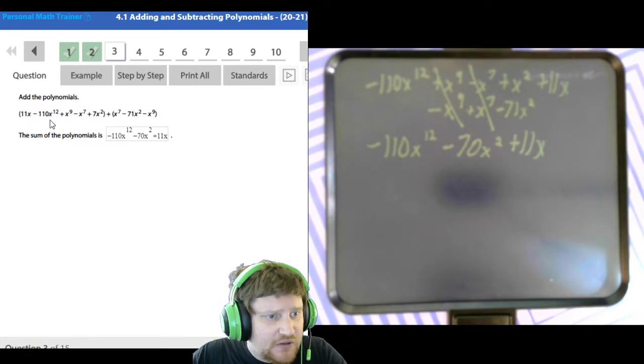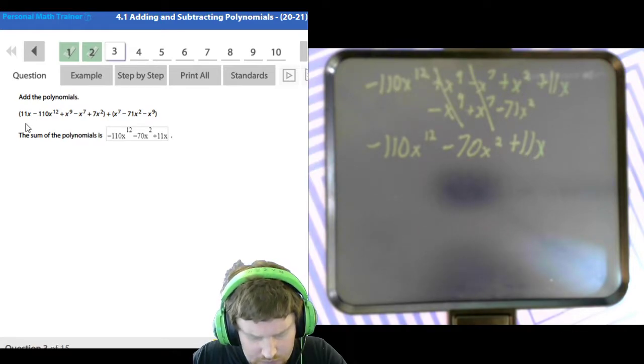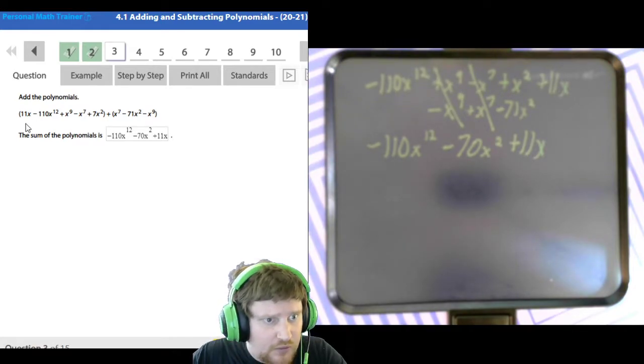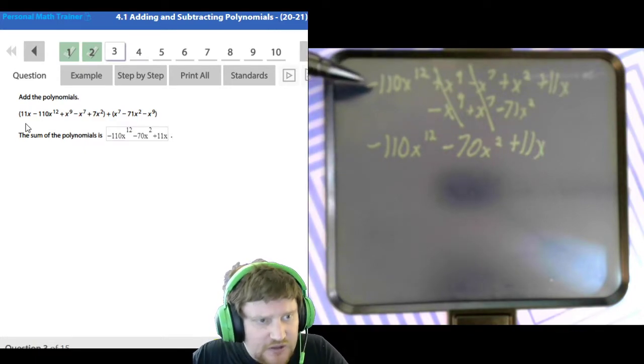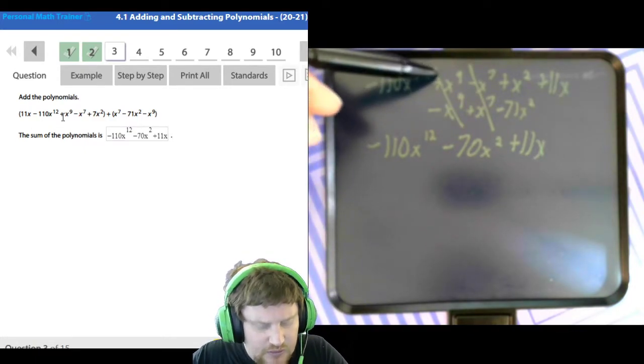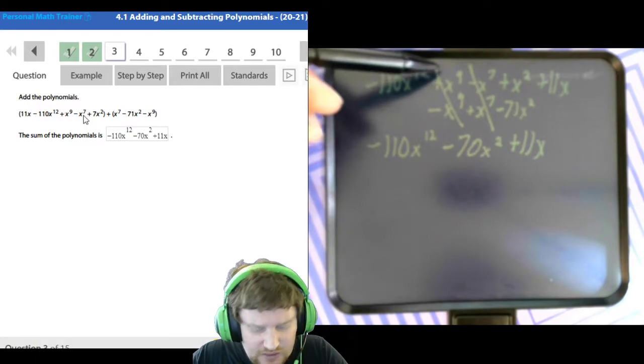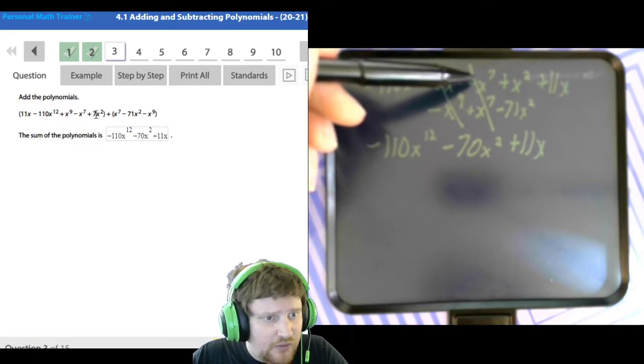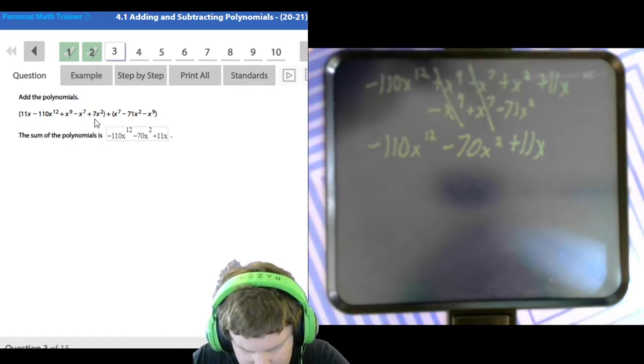Negative 110x to the 12th plus x to the 9th minus x to the 7th. Oh, that's 7x squared, not just x squared.